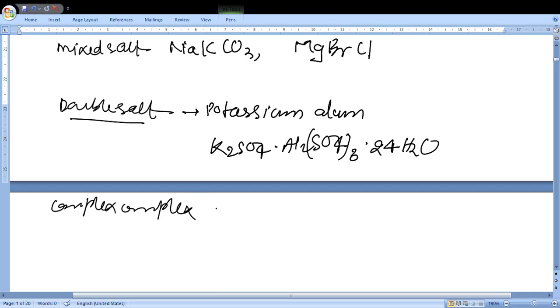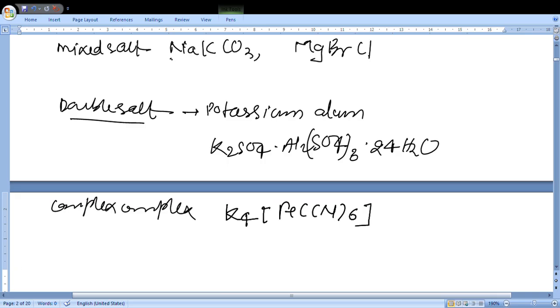Another complex salt we are taking, potassium ferrocyanide, K4Fe(CN)6. How will you identify that it's a mixed salt?